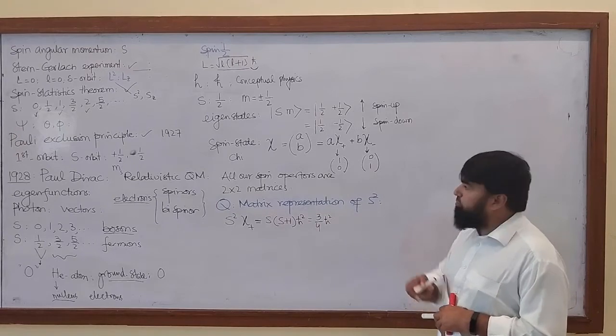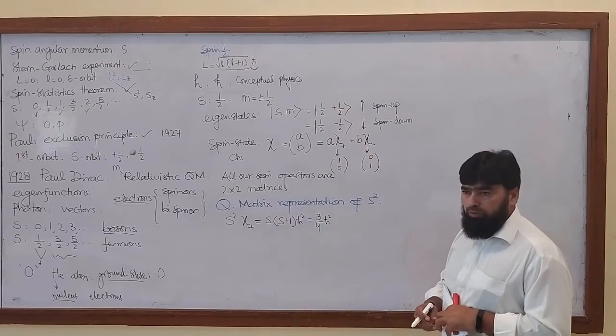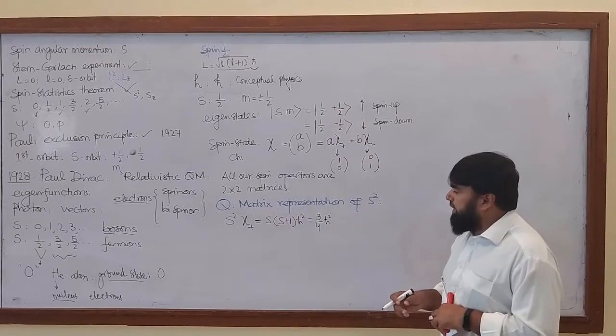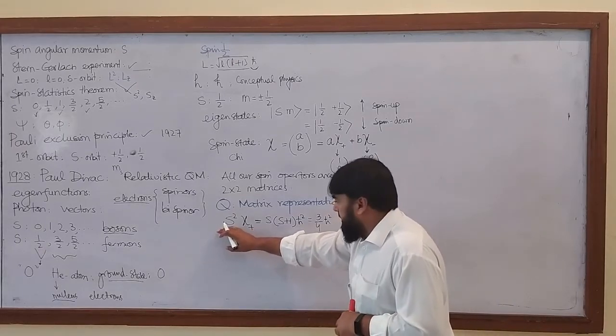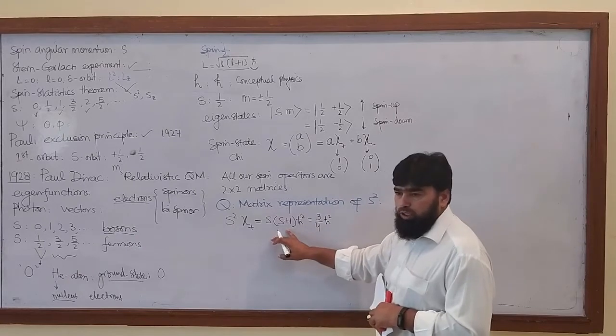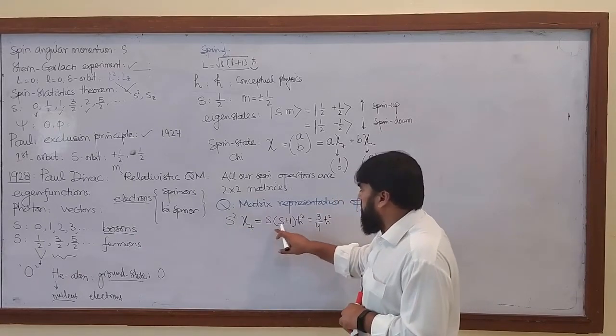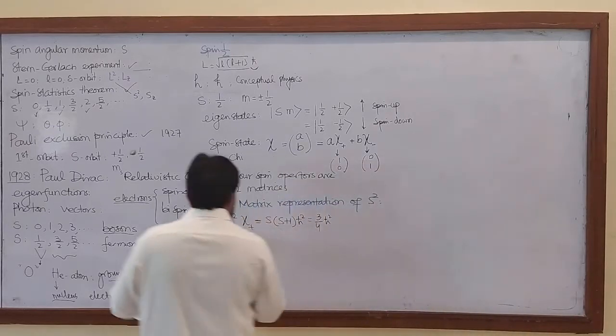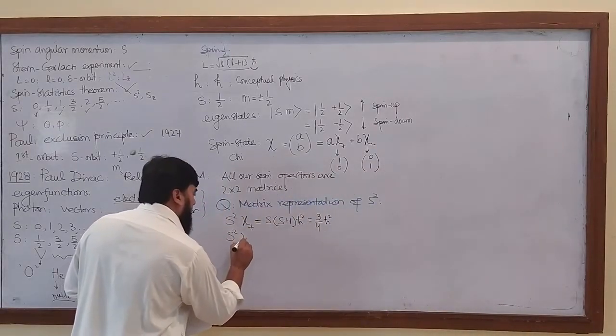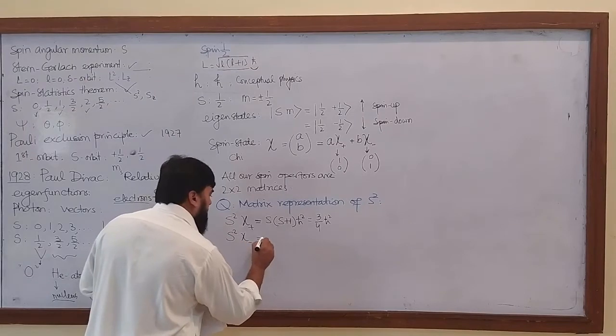Clear? From the angular momentum terminology, and in the previous lecture, we have written from that analogy that S square will be equal to, L square was L into L plus 1 h bar square. If this S square operates on chi minus, what will it be?